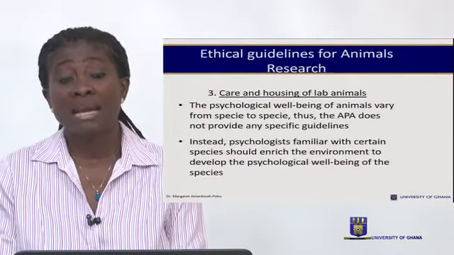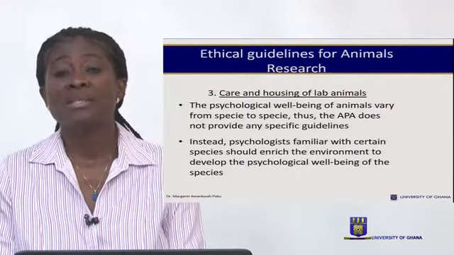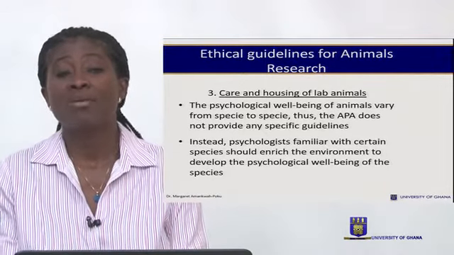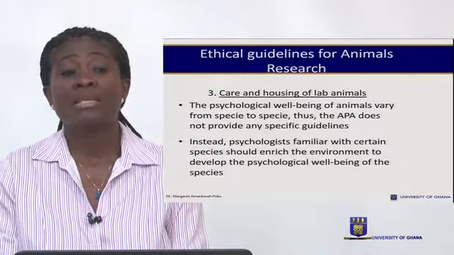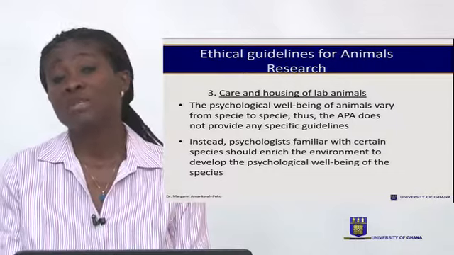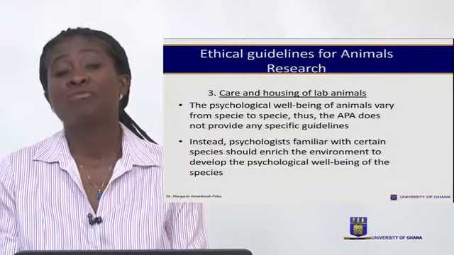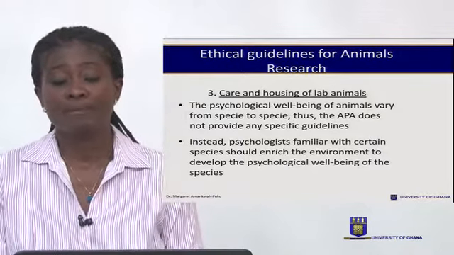Instead, what this guideline suggests is that psychologists familiar with certain species should ensure that they enrich the environment of these species in order to develop the psychological well-being of those species. So know the species you are studying, know their behavior, know how you'll be able to enrich their environment for their psychological well-being.